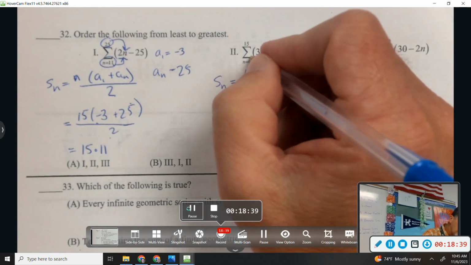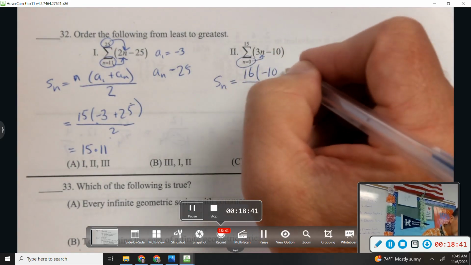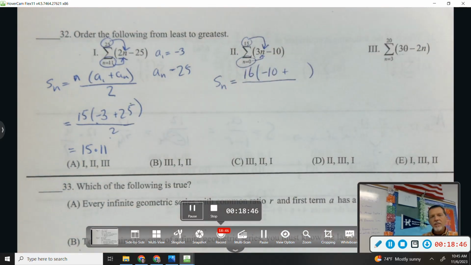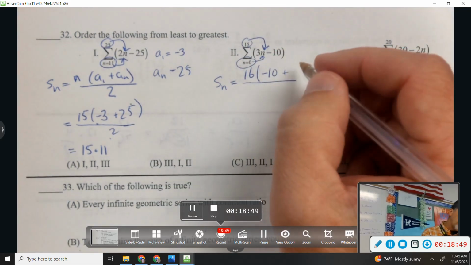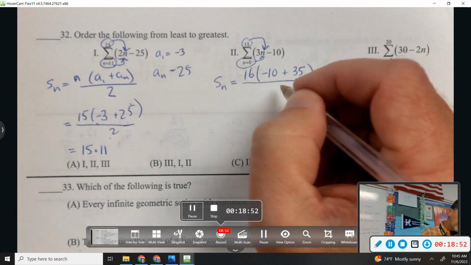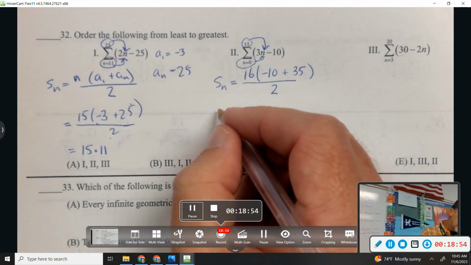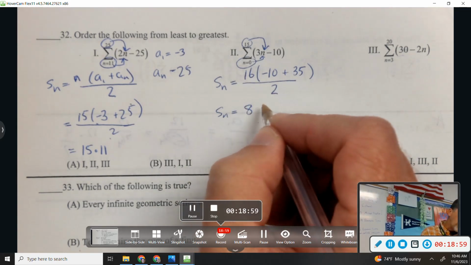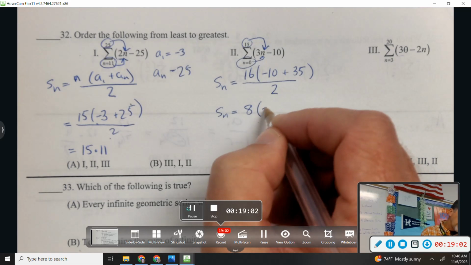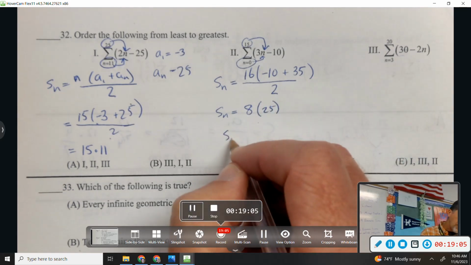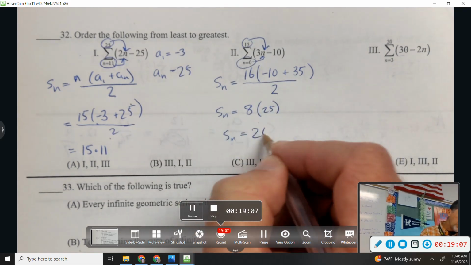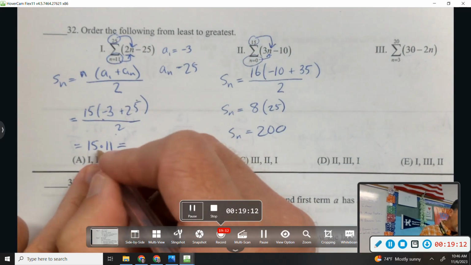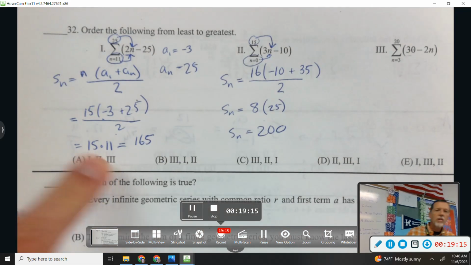I plug in the first term, I get negative 10. I plug in the last term, 45 minus 10 is 35, all over 2. So I'm going to do the 16 and the 2 this time. It's 8, 35 minus 10 is 25. I guess I'm going to have to figure these out. 8 times 25 is 200. 15 times 11 is 150 plus another 15. So 165.